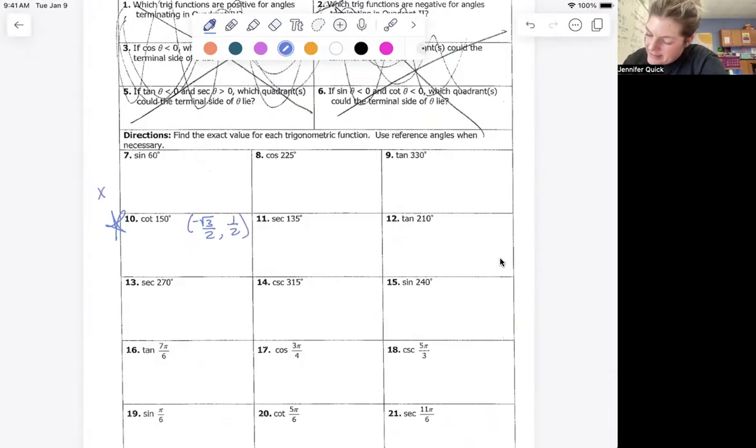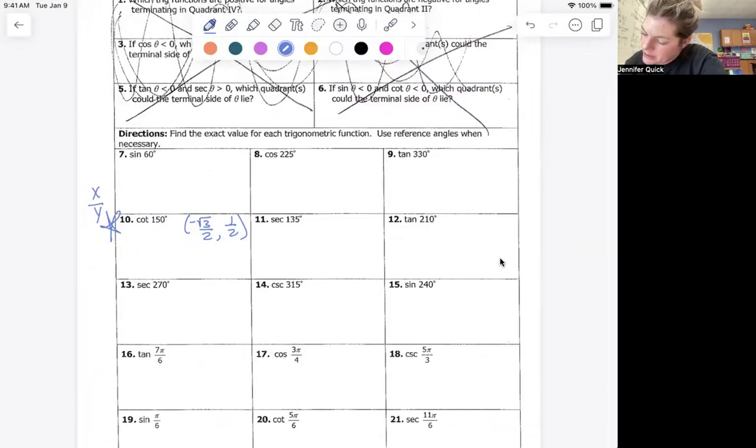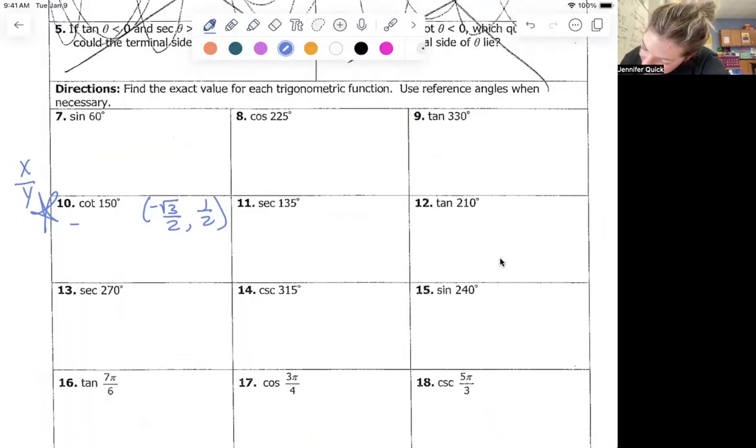Cotangent is x over y. So I'm going to do negative square root 3 over 2 over 1/2. So it's keep, change, flip. These go away, and you're left with negative square root 3.